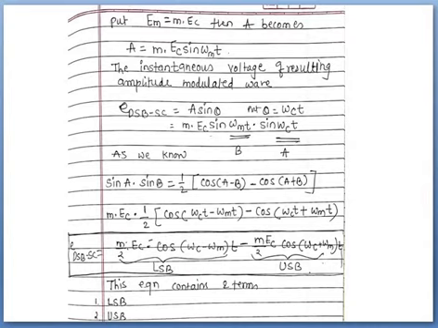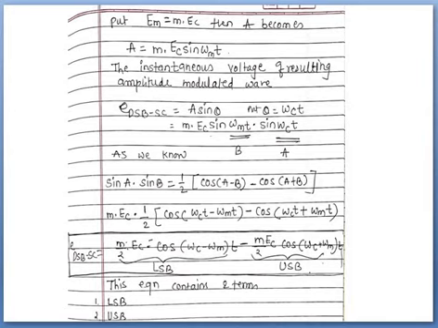We can replace this value in the given equation. So the instantaneous voltage of the resulting amplitude modulated wave can be represented in sin A into sin B form. As we know, sin A into sin B is nothing but 1/2 of cos of A minus B minus cos of A plus B. That is the standard equation. So replace the values of cos of A minus B and cos of A plus B in the above equation.